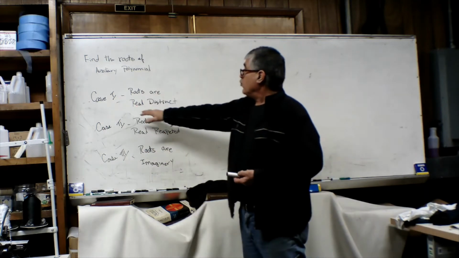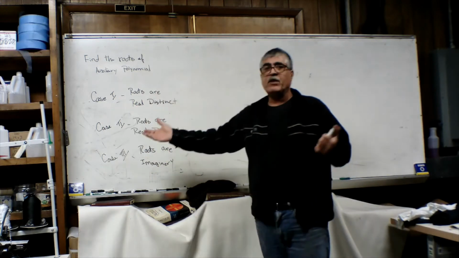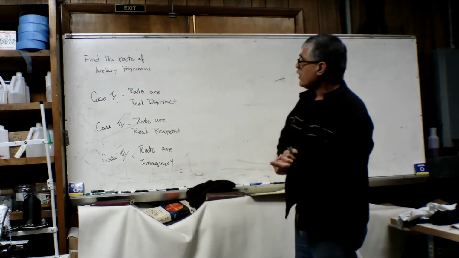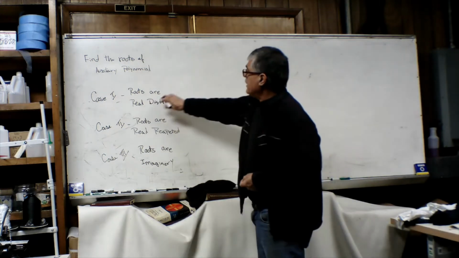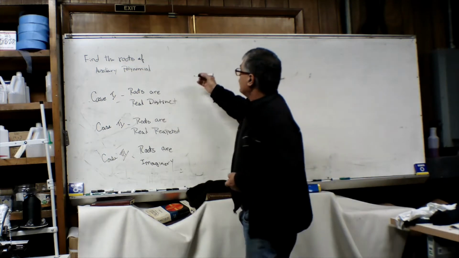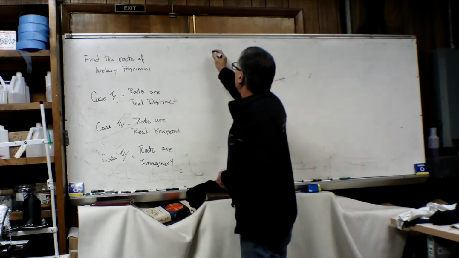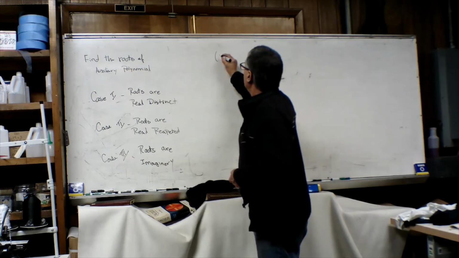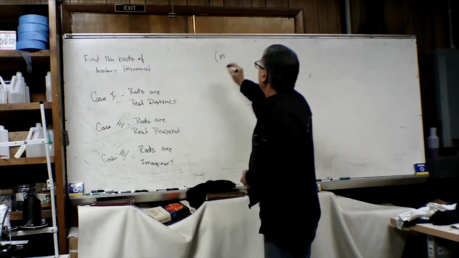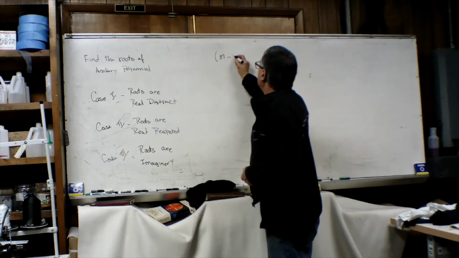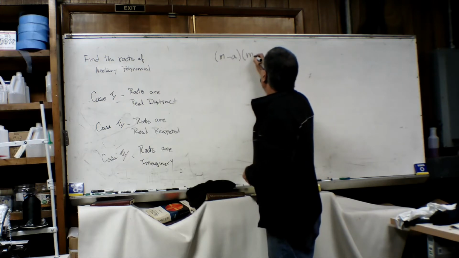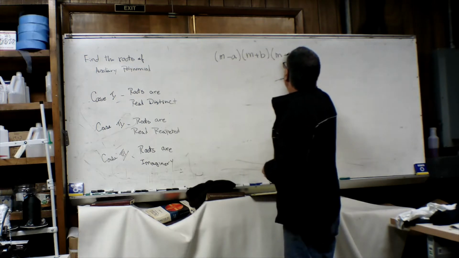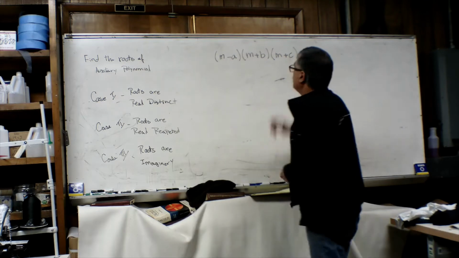Case 1, the roots are real distinct. By distinct, I mean the roots are not repeated roots. So let's say in case 1, let's assume that our polynomial for the differential equation, after factoring out, is (m minus a) times (m plus b) times (m plus c) equal to 0.